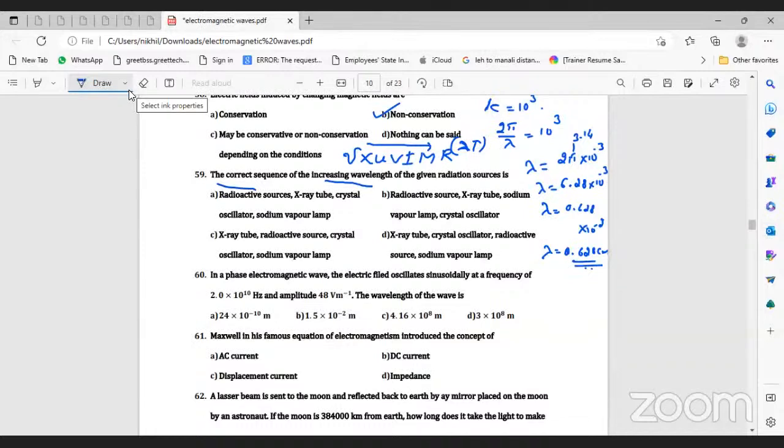In order to get this increasing order of the wavelength, you have to go with radioactive source, X-ray, sodium vapor lamp, crystal oscillator. Oscillator is having very high wavelength. So option B is the right answer. Got it?